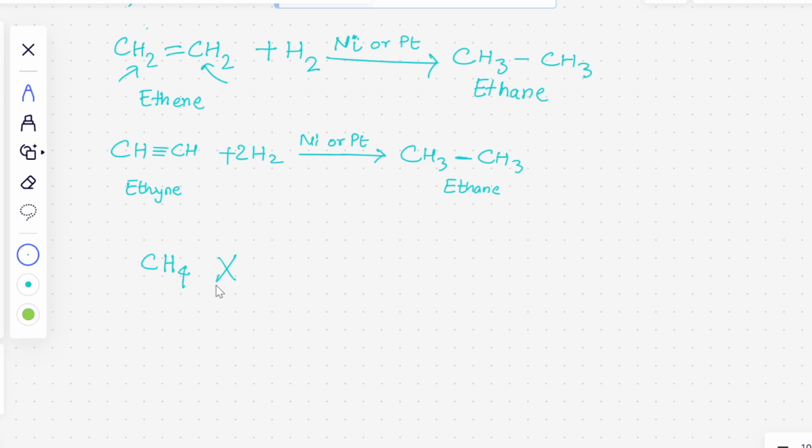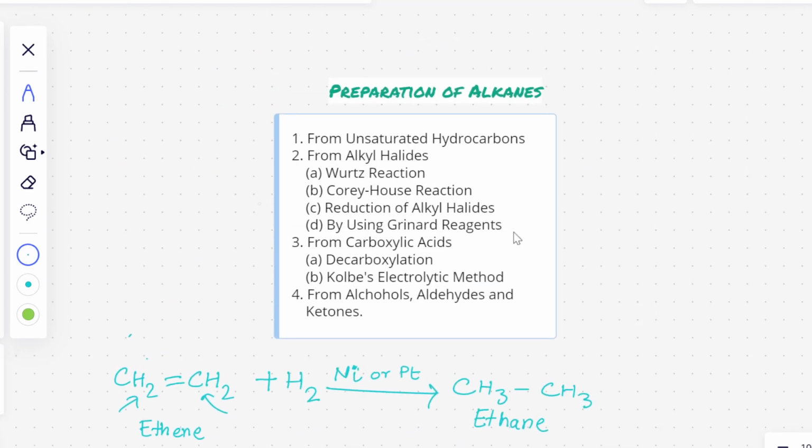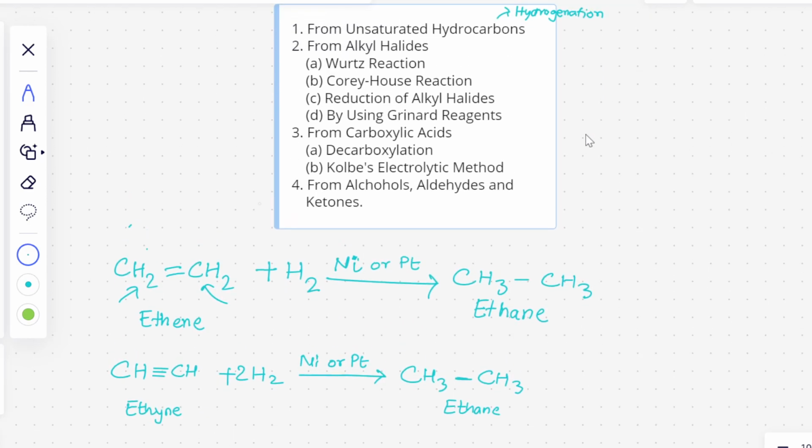This process is also called hydrogenation. Very simple, just adding hydrogen, breaking the pi bonds.